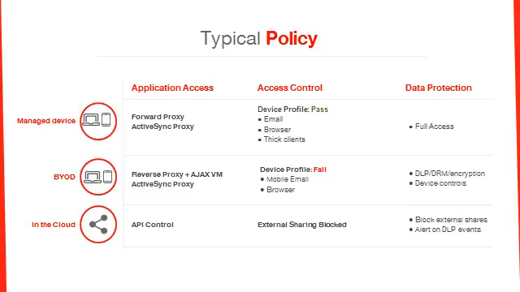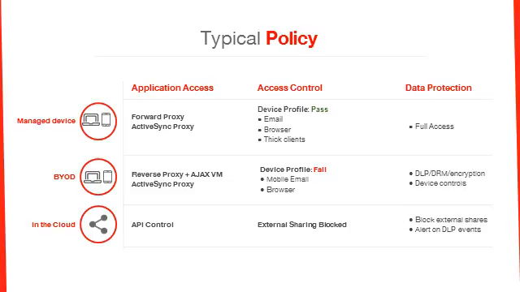So this is just an example of a typical policy that we often see. And as you can see, on a managed device, you use things like the forward proxy and the active sync proxy to control access to files, right? Control access to the data that you store in your public cloud application.